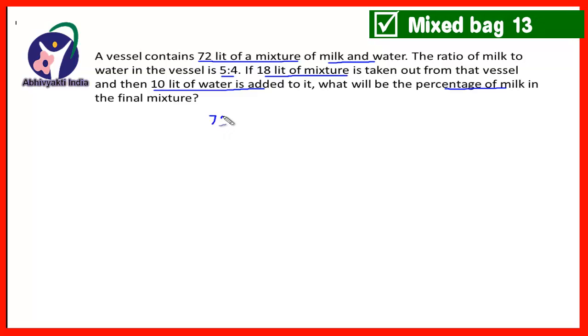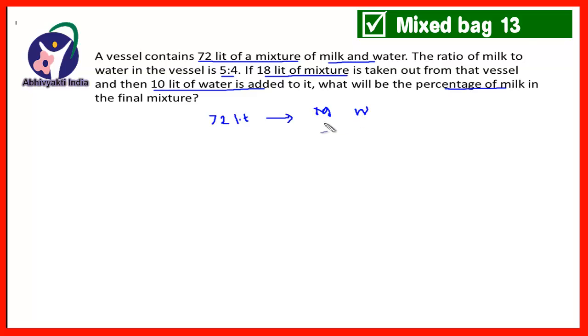Now 72 liters of mixture that contains milk and water in the ratio 5:4. It means the total parts are 9, and out of these 9 parts, 5 parts are of milk and 4 parts are of water.